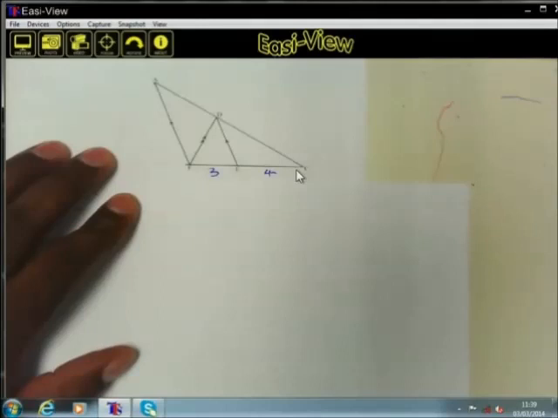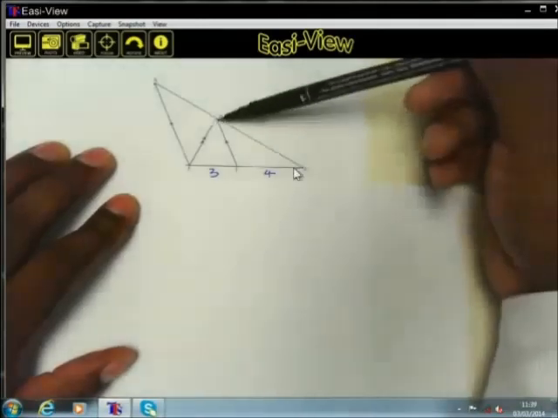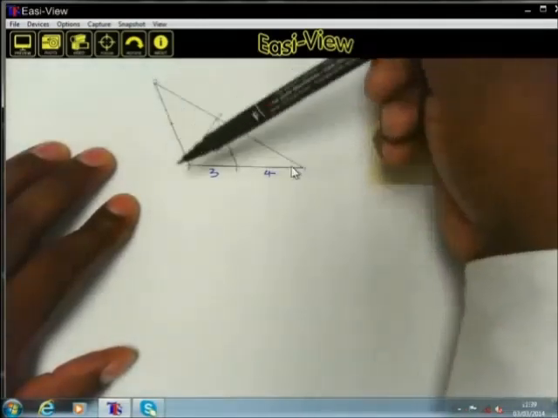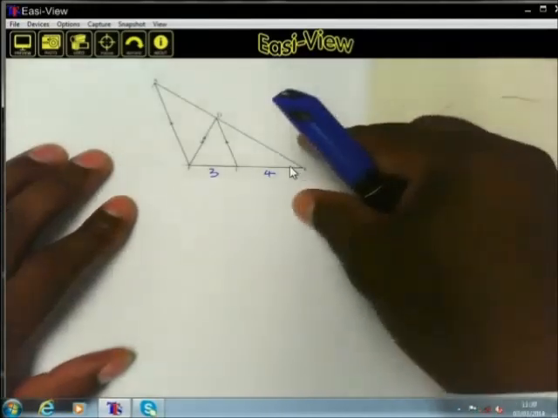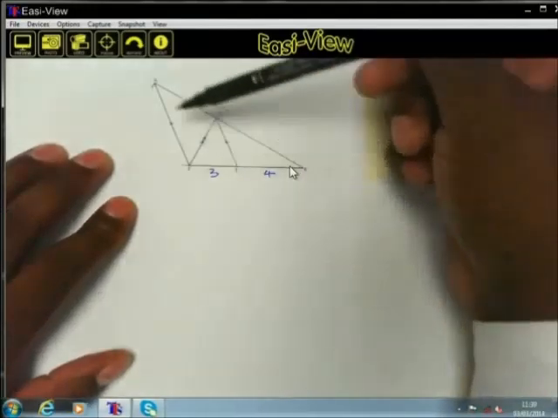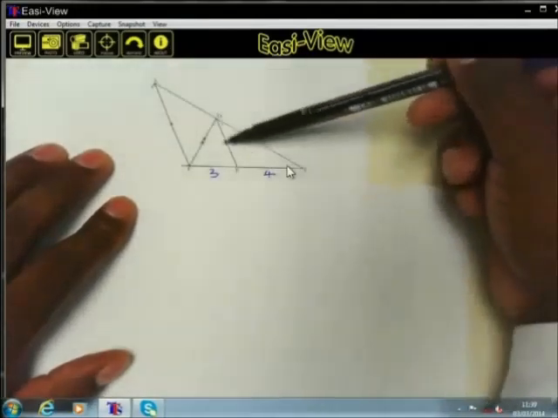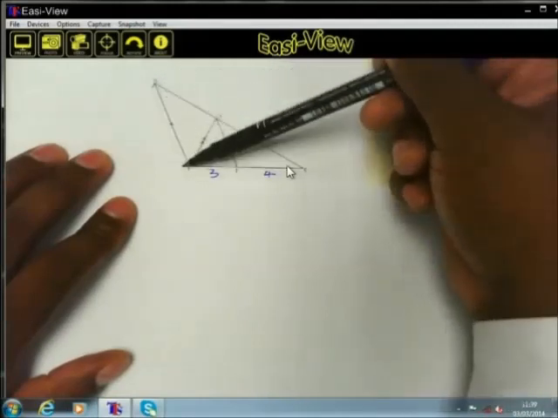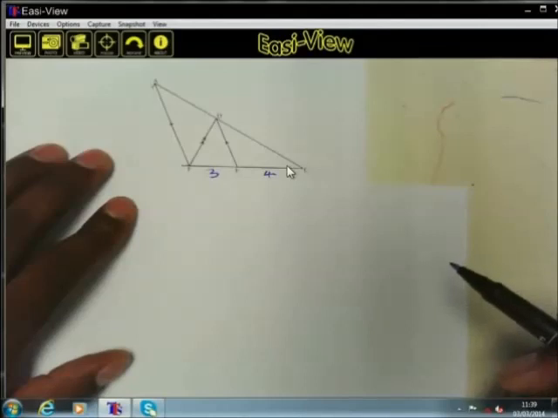What do you have? You've got DE that is parallel to AF. A line parallel to a side of a triangle cuts the other two sides in the same proportion. Can you see that?